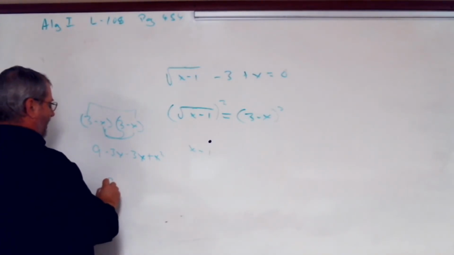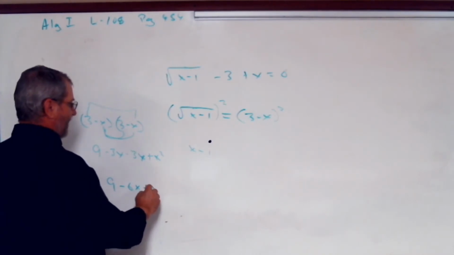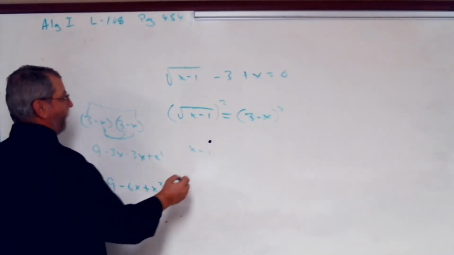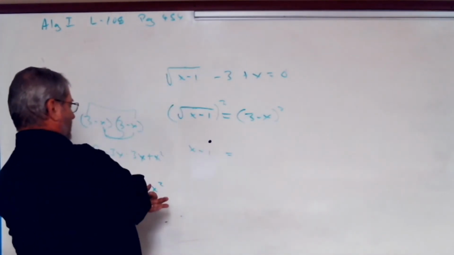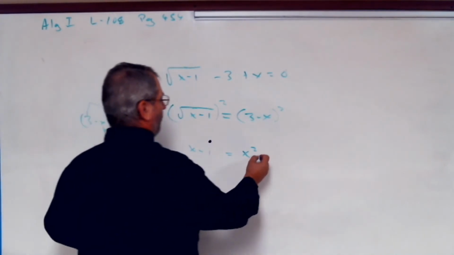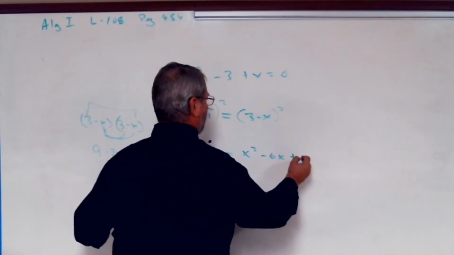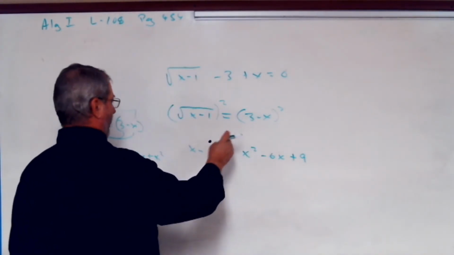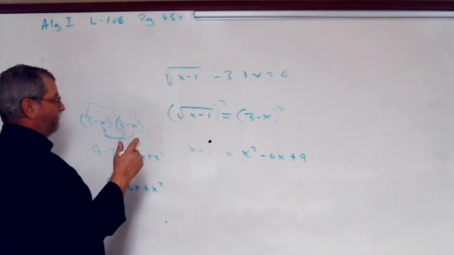So this is 9 minus 6x plus x squared equals, and I'm going to rearrange this: x squared minus 6x plus 9. I just turned it around because I wanted to.